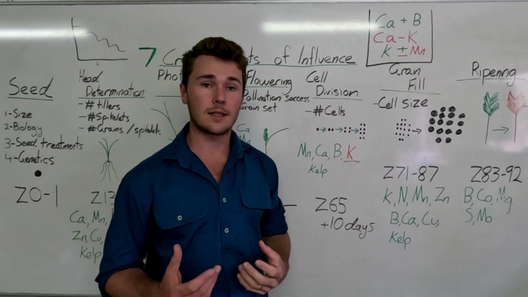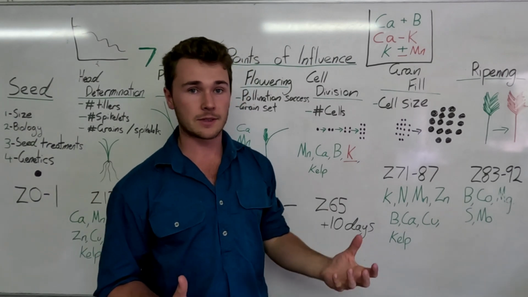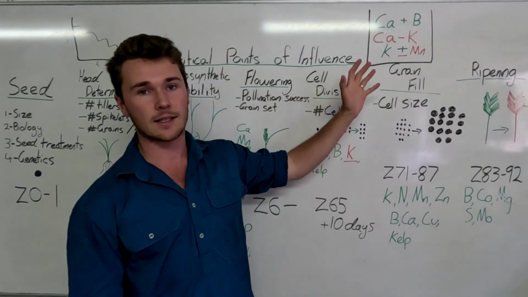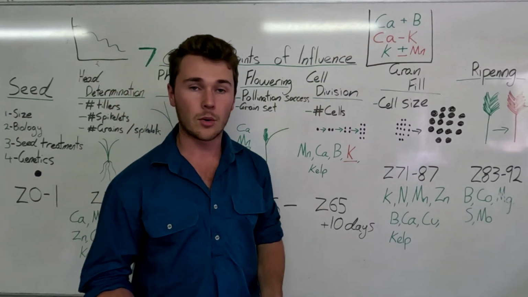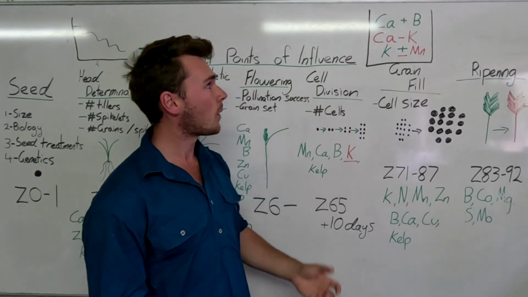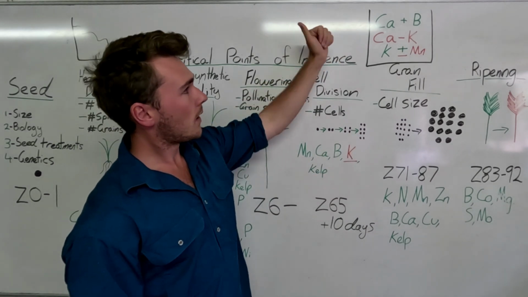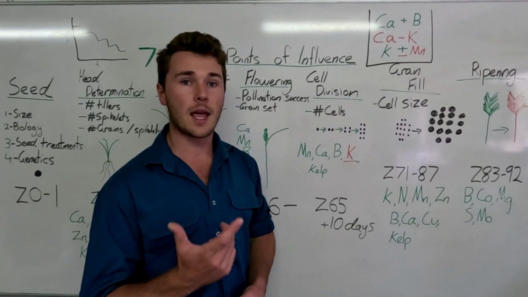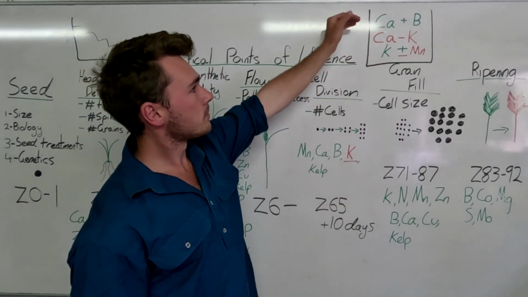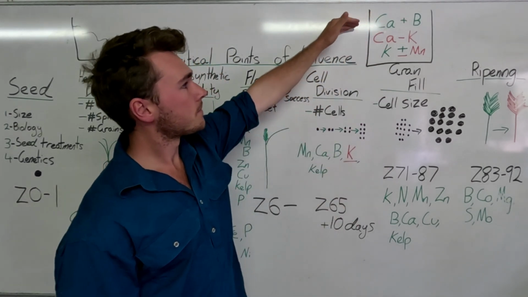It means you really need boron in order for your plant to uptake calcium. You might have tons of calcium in your soil, but if you don't have boron, your plant can't pick it up, so it's required. Which is why at that critical point of influence, we need both calcium and boron. So making sure we have both of those.